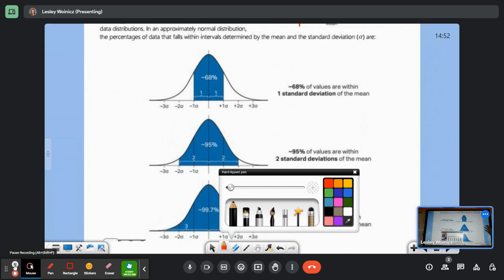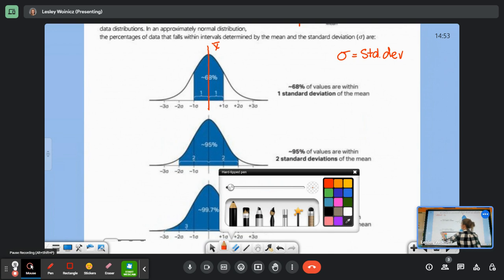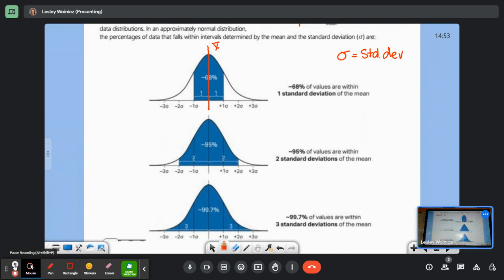Okay, so we know that sigma is our standard deviation, right? Okay, so here is our mean. So this is your x with a bar. So let's just say, for example, that our mean was 10.